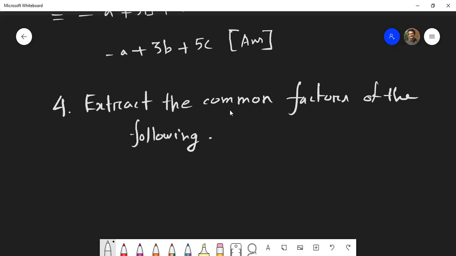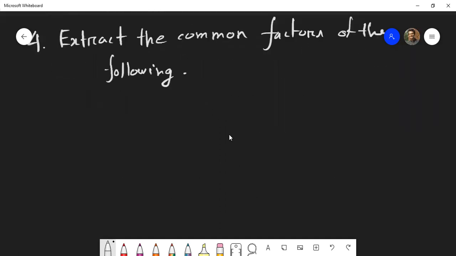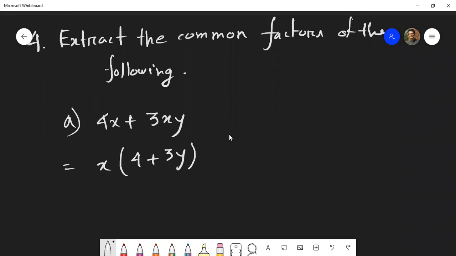Like we have to take away the common figures or the numbers that you can find inside the mathematical expression. Right now, I will give you an example, which is quite easy. 4x plus 3xy. If we take away or extract x from here, you get x, first bracket, 4 plus 3y. So that's what you need to do here.